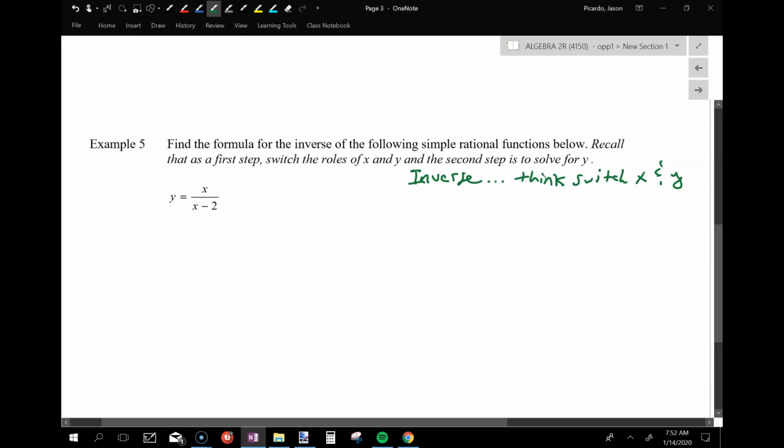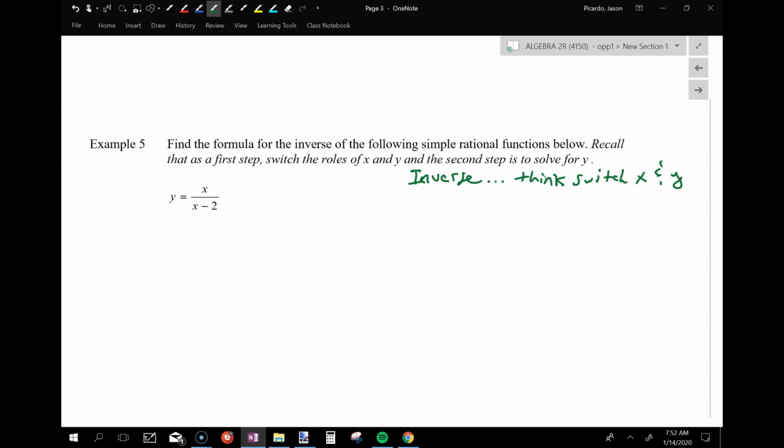So if you go back to our function unit, we talked about inverses, and the thing that I had you remember was that with an inverse, the x becomes the y and the y becomes the x. They swap positions. Cool?